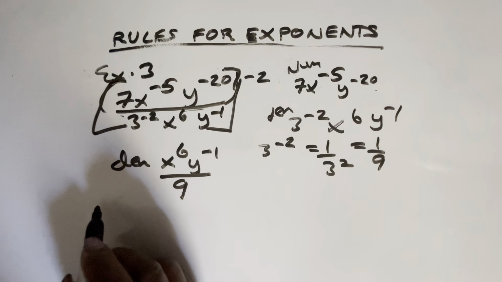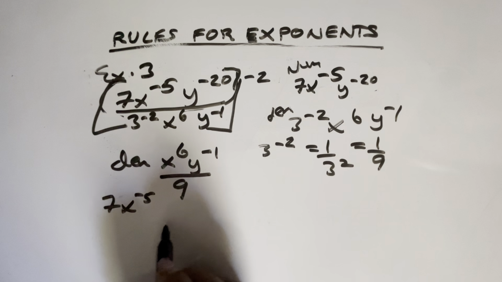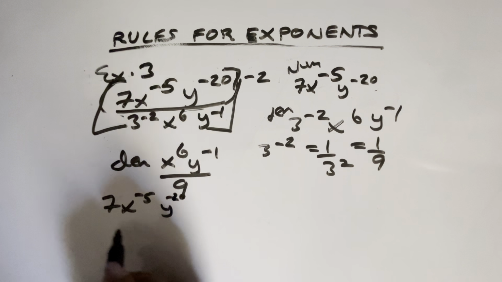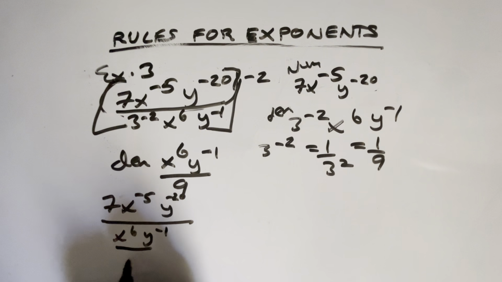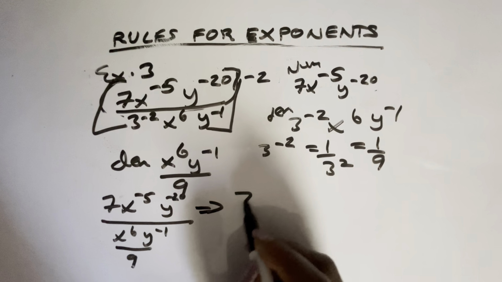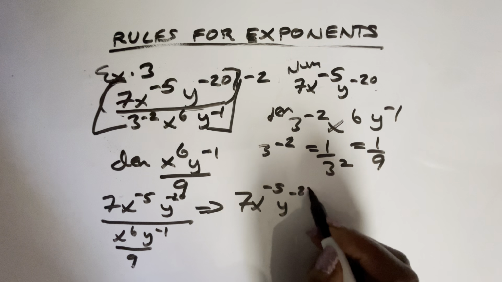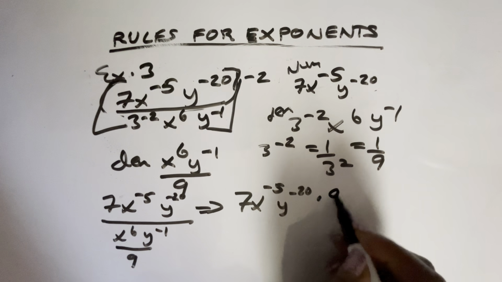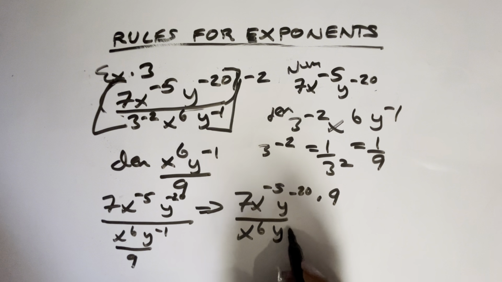So now our fraction has become 7x to the minus 5, y to the minus 20, all over x to the power 6, y to the minus 1, all over 9. This in turn becomes 7x to the minus 5, y to the minus 20 times 9 all over x to the power 6, y to the minus 1.